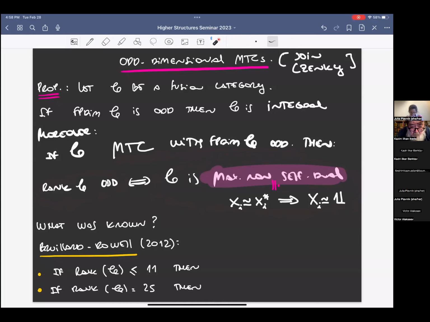What was known before we started thinking about this with Agustina: Paul Bruyère and Eric Rowell proved in 2012 that if the rank of the category is at most 11, then the category is pointed, for a modular category of odd dimension and odd rank.